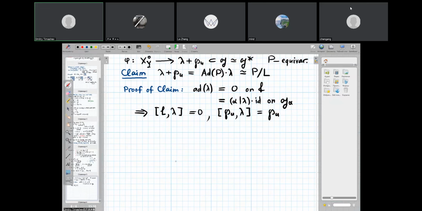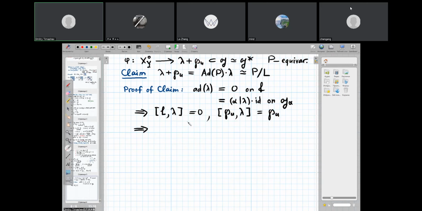Now, this implies, first of all, that this affine subspace lambda plus Pu is stable under the action both of Pu and of L, because when you apply this to lambda, you do not get outside this space. And when you apply L or Pu to Pu, you still get into Pu, because it is an ideal in the Lie algebra of P.